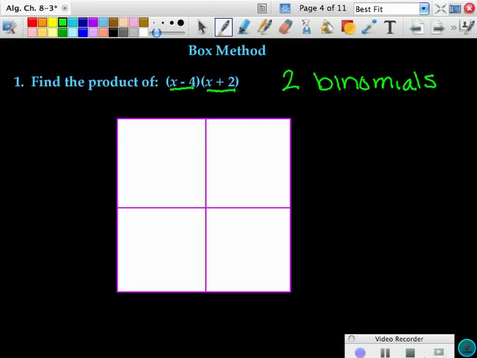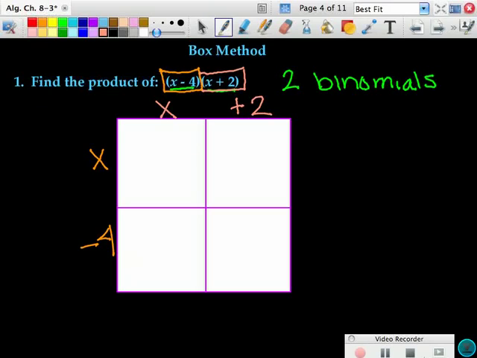All right, so box method. We are going to write our first binomial over here on the side of the box. We're going to put x here, and we're going to put minus 4 there. Then we're going to take our second binomial and write it across the top of the box, x, and then plus 2.